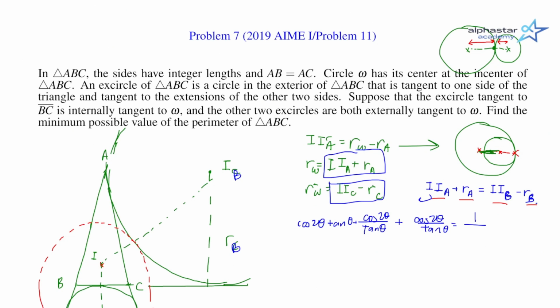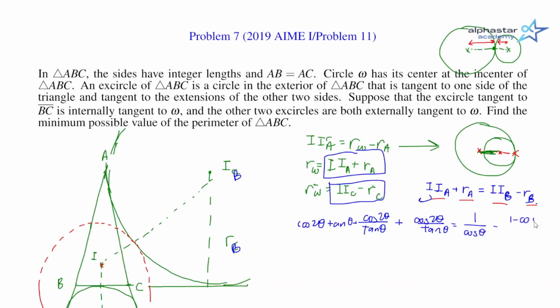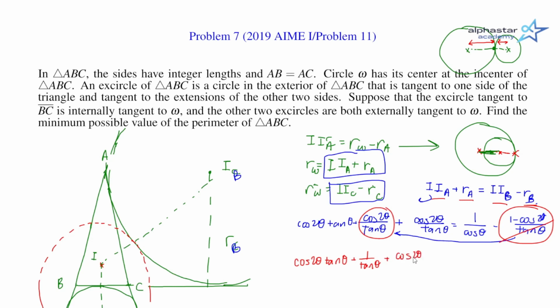And then we subtract that all by 1 minus cosine 2 theta over tangent theta. If we bring this to this side, we can see that cosine 2 theta over tangent theta and this, this is minus, so it'll add up. So we get a total of 1 over tangent theta here. So we get cosine 2 theta tangent theta plus 1 over tangent theta plus cosine 2 theta over tangent theta equals 1 over cosine theta.